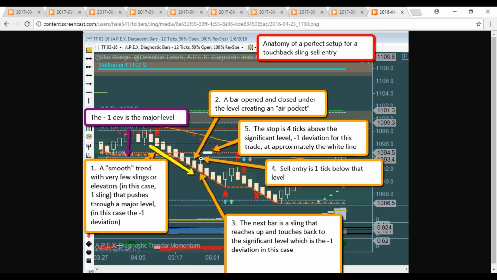And if I enter this trade right here, just on this first bar alone, well, in this example, this is a 12 tick bar, but let's say I was using a 10 tick bar, okay?